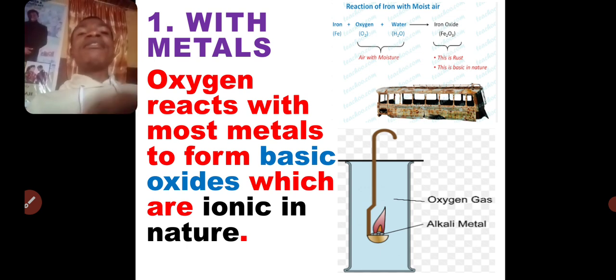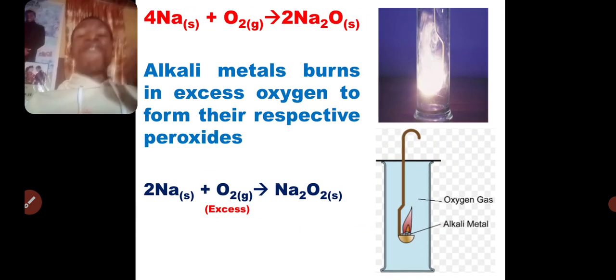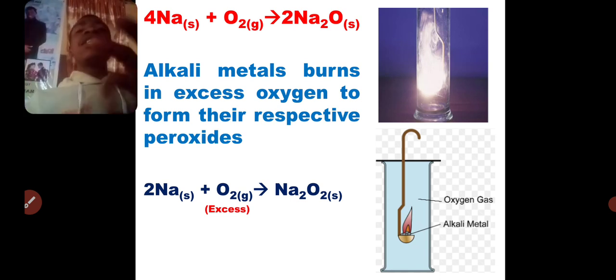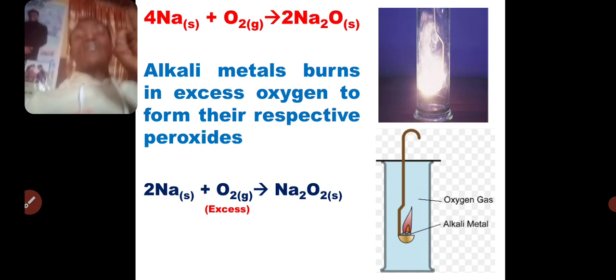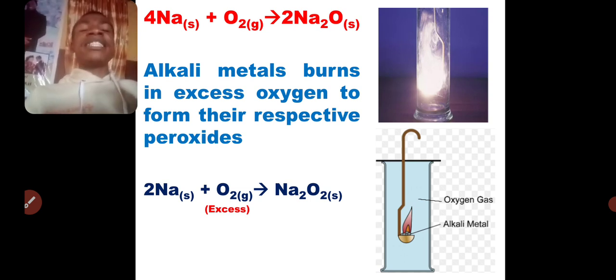When you expose a group 1 metal to oxygen, it reacts quickly with the oxygen and forms metal oxide. But if you heat this group 1 metal with plenty of oxygen, instead of giving us oxide, it gives us the peroxide of those metals.